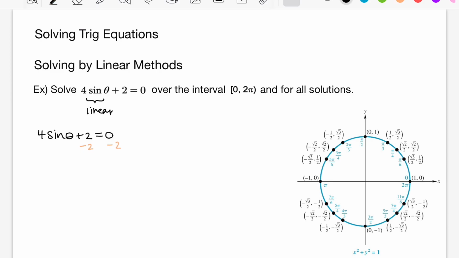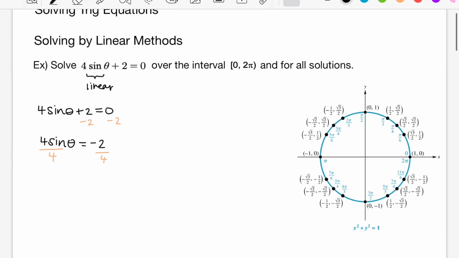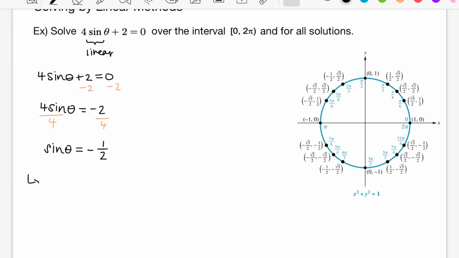So first we'll subtract 2 on both sides of this equation. We have 4 sine theta is then equal to -2. And then dividing by 4 on both sides, we get sine theta is going to be equal to -1/2 since we have -2/4. So this tells us that theta must then be either equal to 7 pi over 6 and 11 pi over 6.